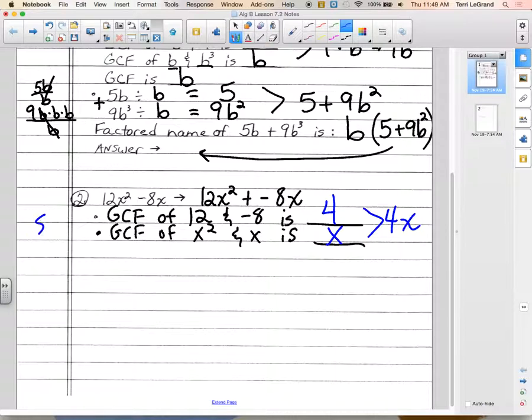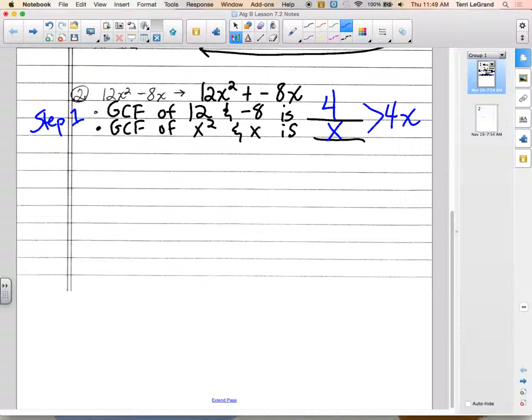So that's kind of like our step 1. Let me put that over here. In step 1, you need to find the GCF factor. Okay? I think we can skip a line so we can make our notes a little easier to read. In step 2, we're going to do our dividing part.